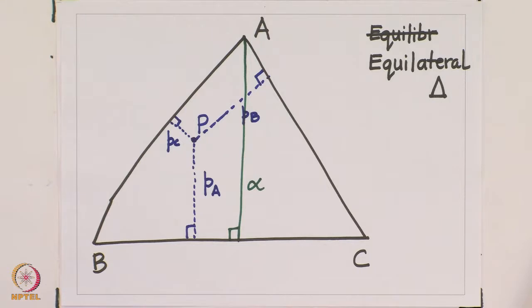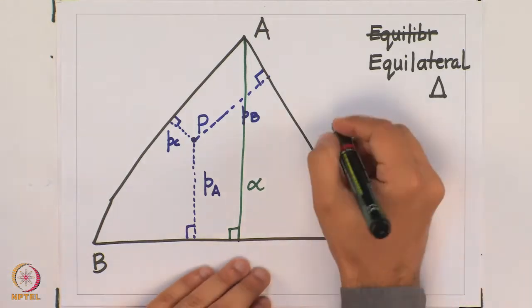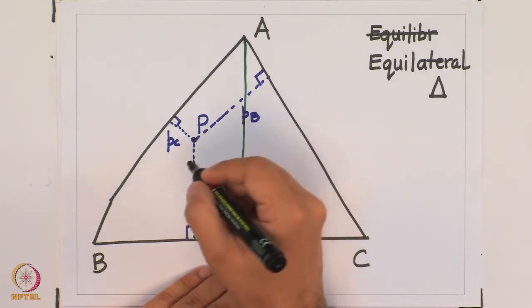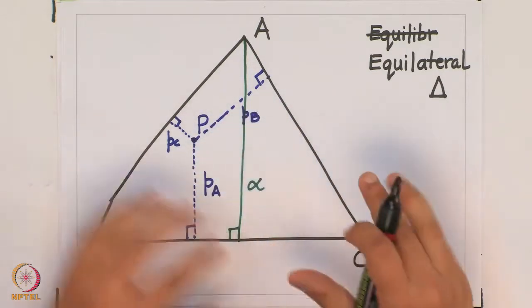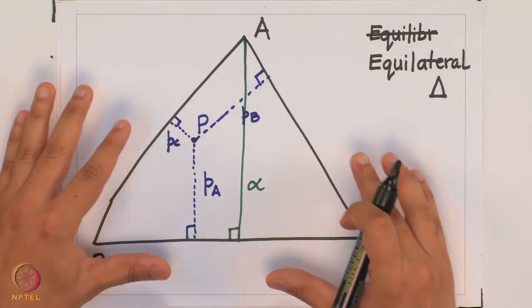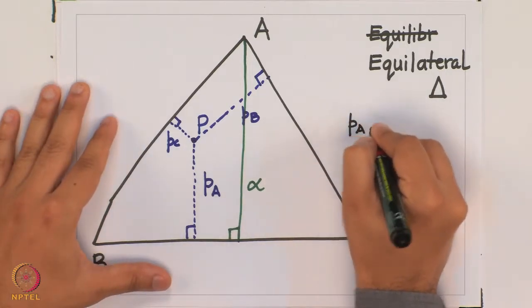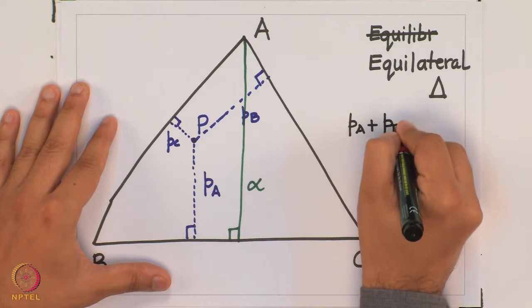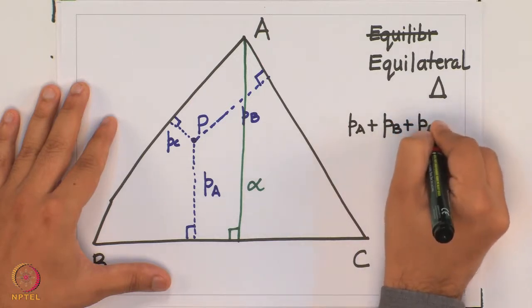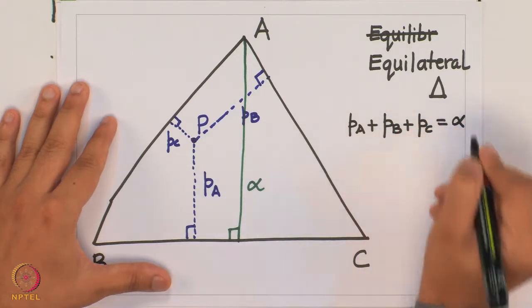And equilateral triangles have this property such that if P is any point on the interior or on the edges of this equilateral triangle, PA plus PB plus PC is equal to alpha.